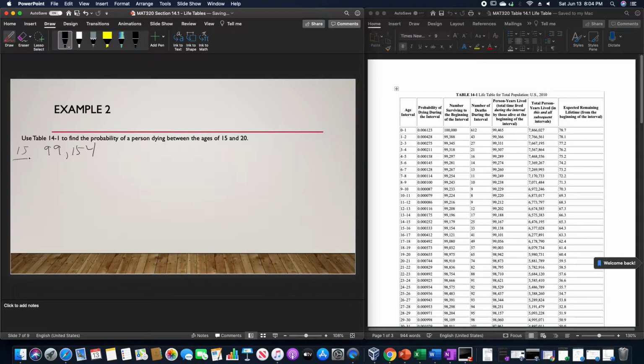So this is for the 15th. The 20th was the 98,910. So for the probability of surviving between 15 and 20, we are going to take 98,910 and divide that by 99,154.